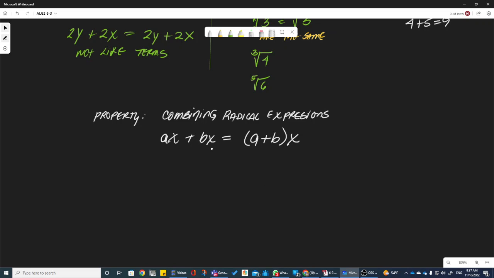Just like when you have the same variable, you can add a plus b.